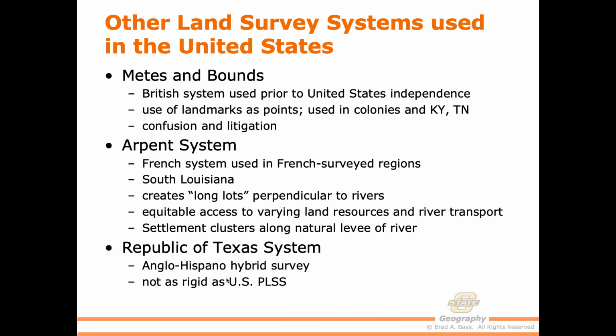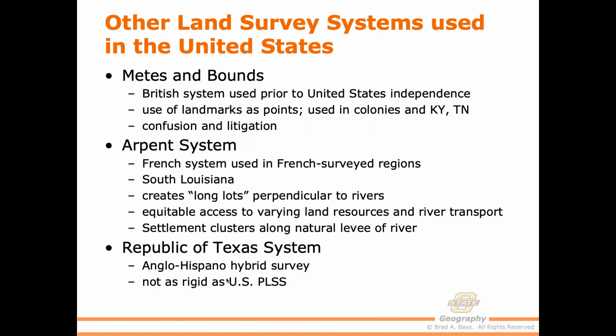Now, why did the French survey long lots? The main reason was because they wanted to produce access. The survey system allowed farmers to place their farmsteads along the river course, which was used for transportation.